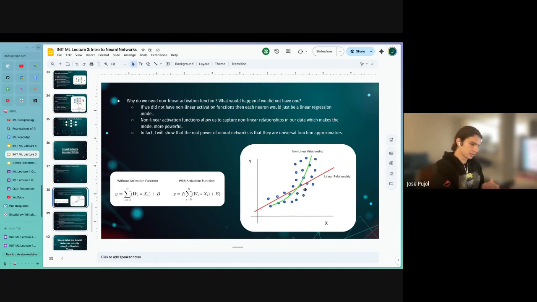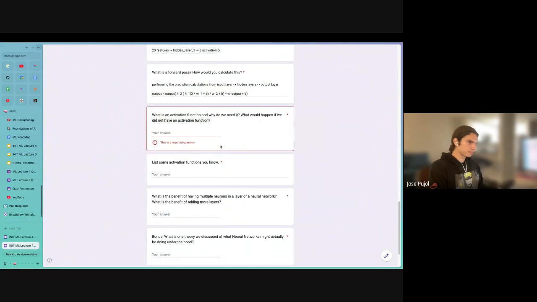If you did not have activation functions, you would just get a straight line, which is fine, but not every single trend in data is linear. So we want to showcase nonlinear ones as well.